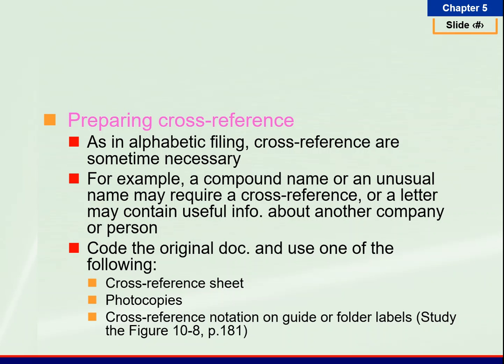For example, a compound name or an unusual name may require a cross-reference, or a letter may contain useful information about another company or person. So, you need to quote the original document and use one of the following: either a cross-reference sheet, a photocopy, or a cross-reference notation on guide or folder labels.